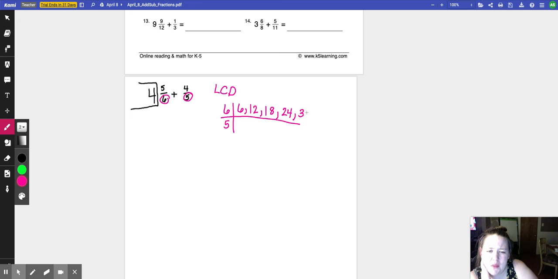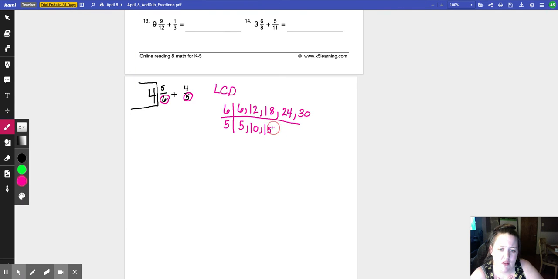I'm going to stop there because I know that another number I'm working with is 5, and I just did 6 times 5. So whatever I'm doing, at least I know I can get to there. All right, so now I'm going to look at my multiples of 5. So I have 5 times 1, which is 5. 5 times 2, which is 10. 5 times 3, which is 15.